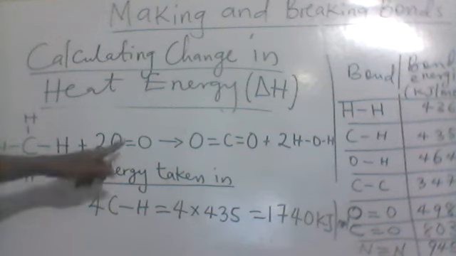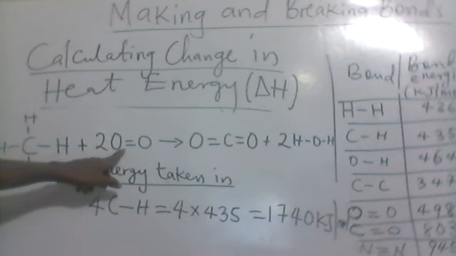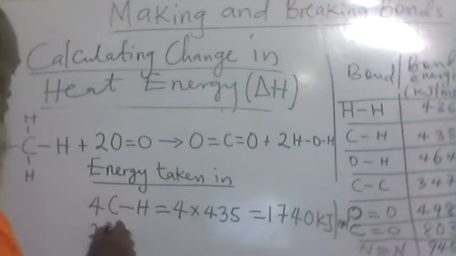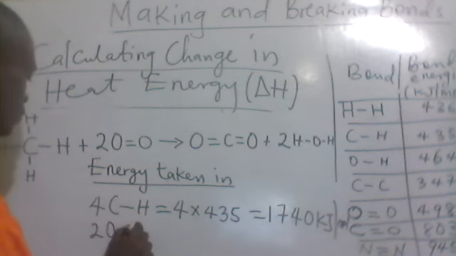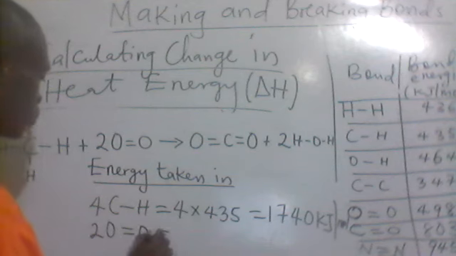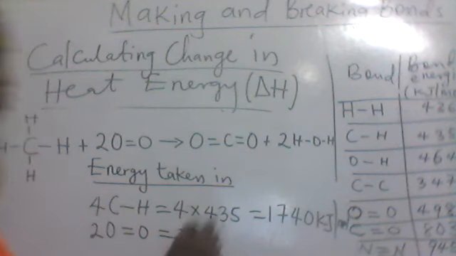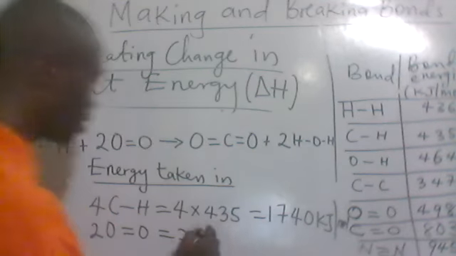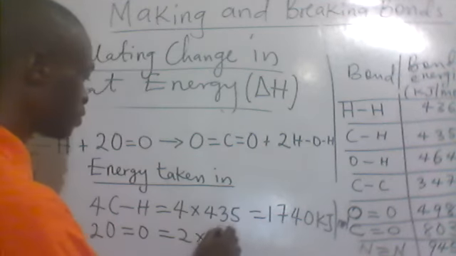The next one is the oxygen to oxygen double bond. If you look at it carefully, we have 2 of it. So we're going to have 2 times our oxygen to oxygen, which is 498.